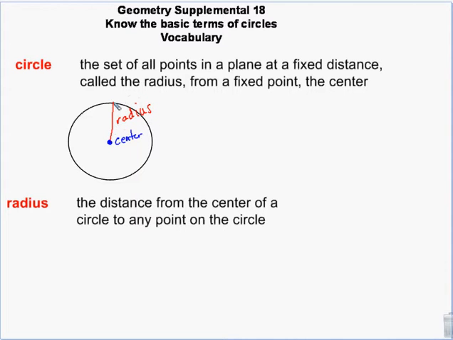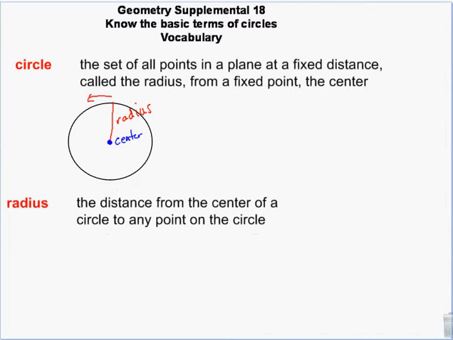As I go around the circle, like the hands of a clock, it's perfect. It's the same distance all the way around. The radius is the distance from the center of a circle to any point on the circle.